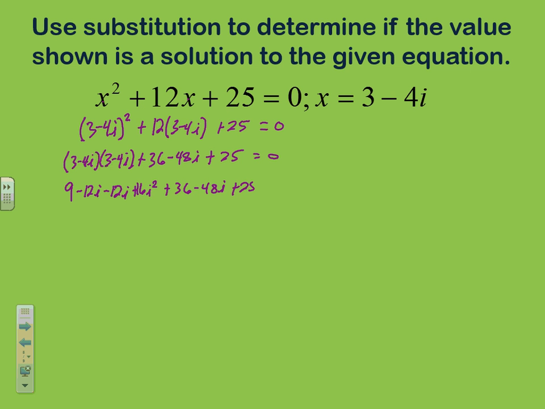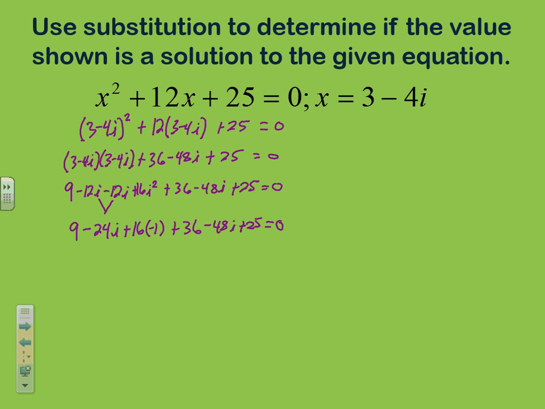And you can see here we have some like terms, so let's go ahead and combine those. 9 minus 24i, the 16i squared changes to 16 times negative 1, and just carry down the rest of the stuff here, plus 36 minus 48i plus 25 equals 0.